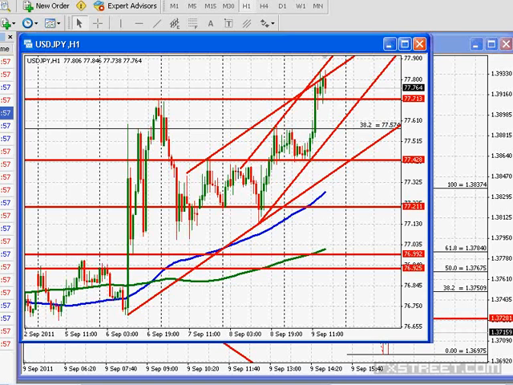MRC is saying that there are yen longs. If there are yen longs, then there are dollar yen shorts in the market, because if you're long yen, you're short the dollar. Typically, the market goes in the opposite direction.